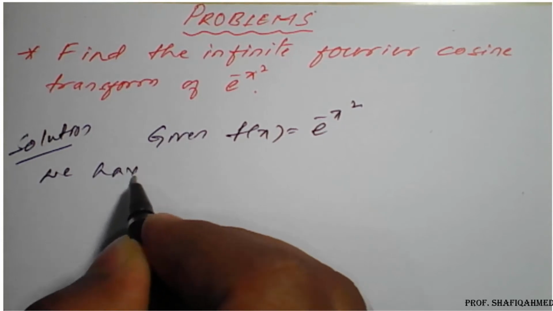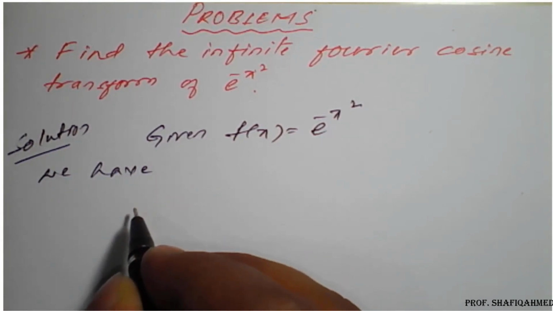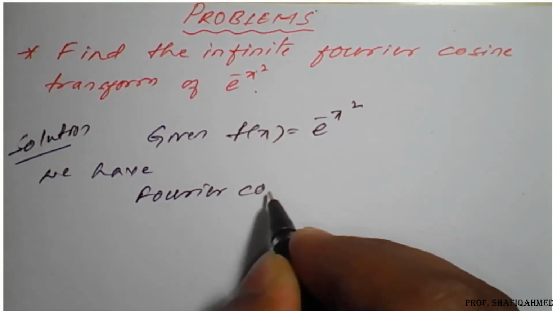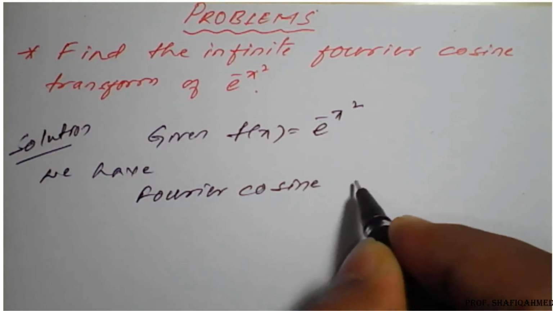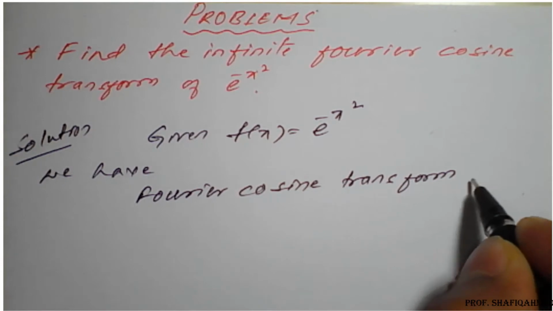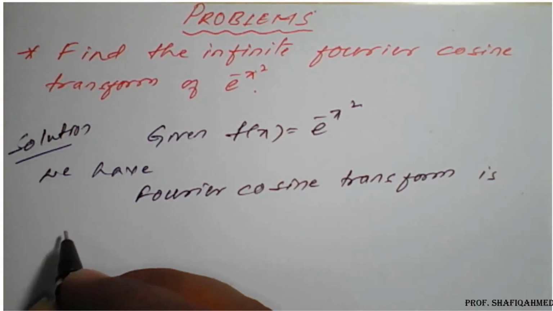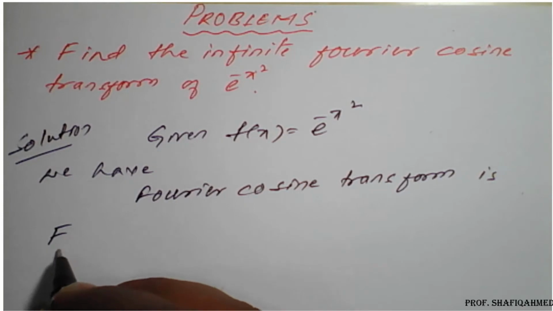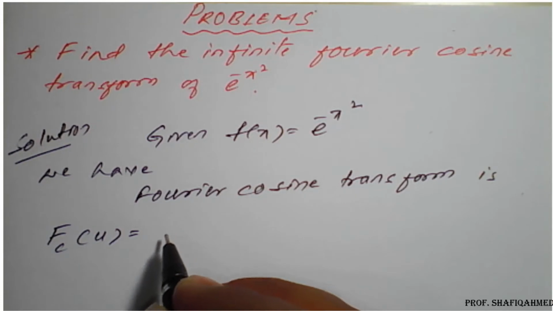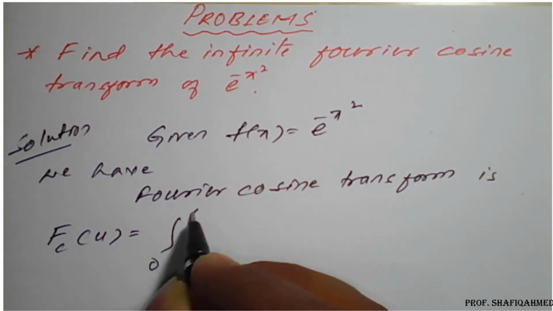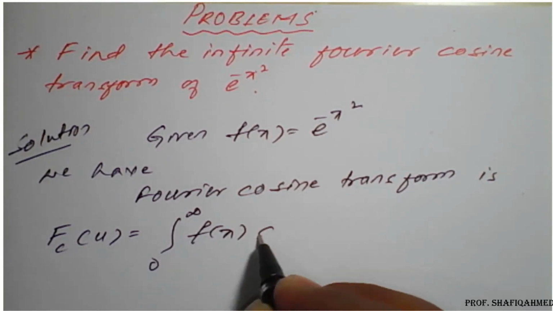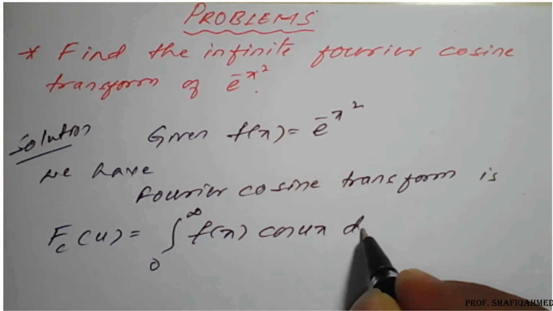We have the Fourier cosine transform, which is given by fc of u is equal to integration 0 to infinity f of x cos of ux dx.